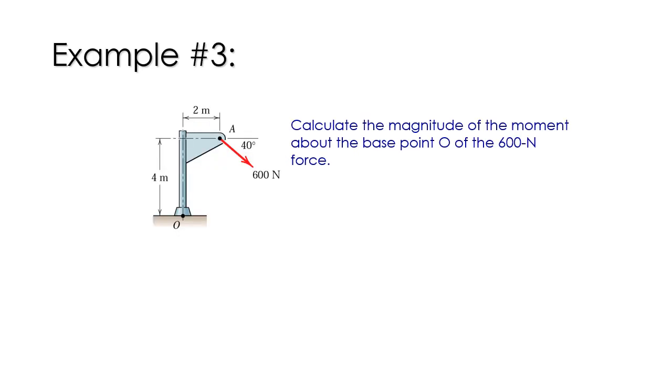So in example number 3, calculate the magnitude of the moment about the base O of a 600 Newton force. So in order to get the moment, since M is equal to F R sine of theta, we need to get the value of R.